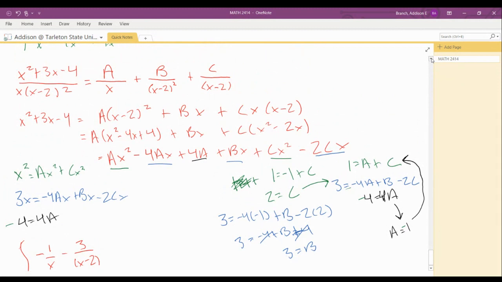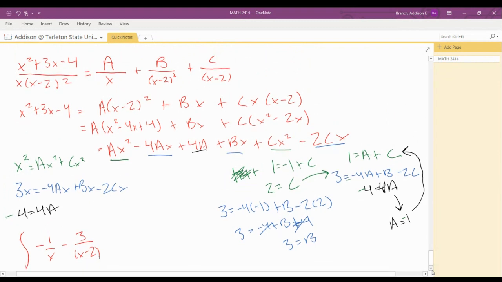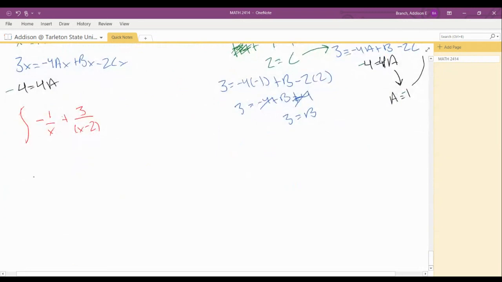Okay, yeah. That is a plus. That one is a plus. I knew there was an error in my notes. It was just in a different place than I thought it was. But it doesn't change much, so we're okay. Plus 2 over x minus 2.